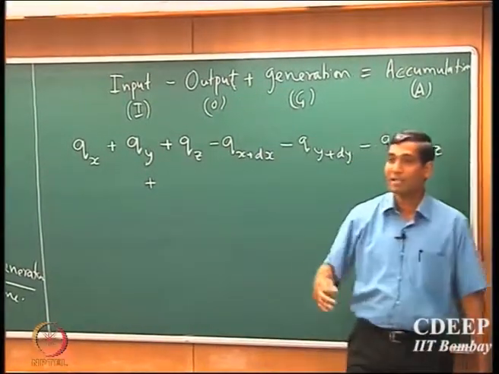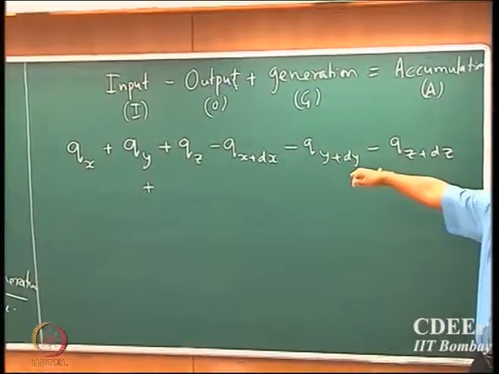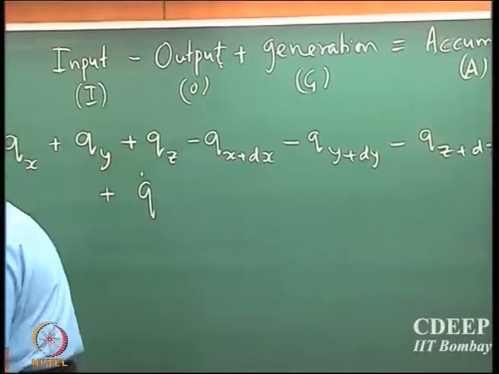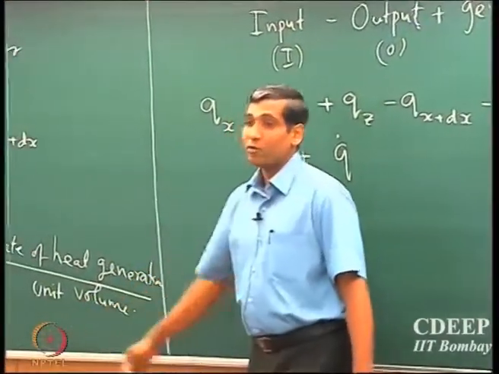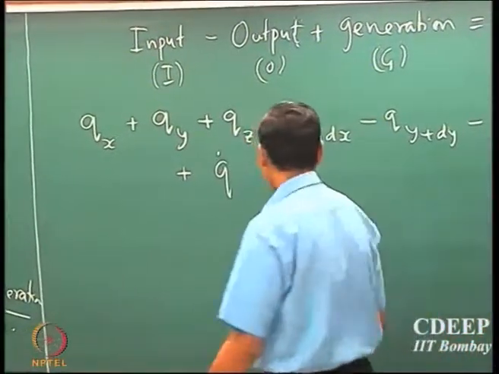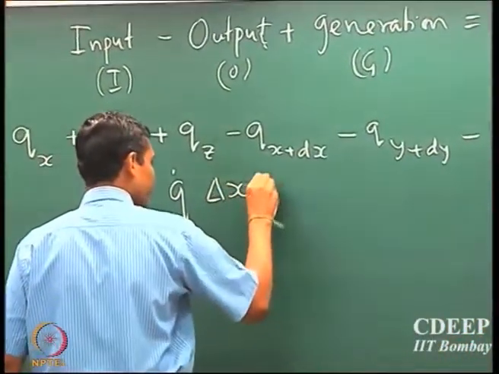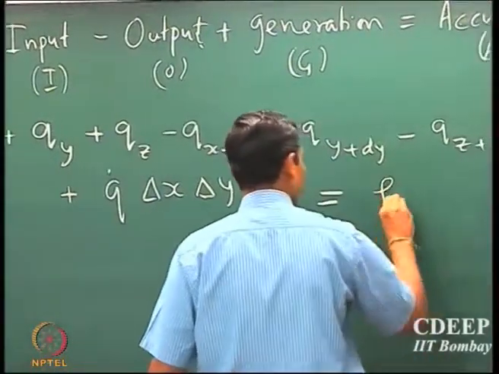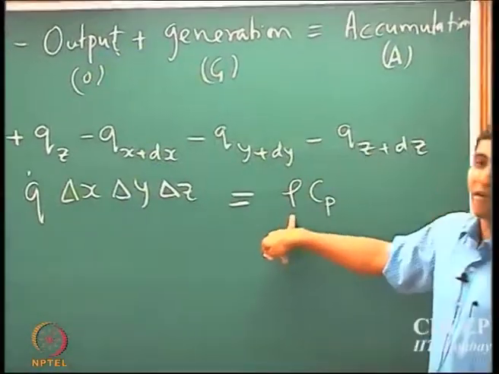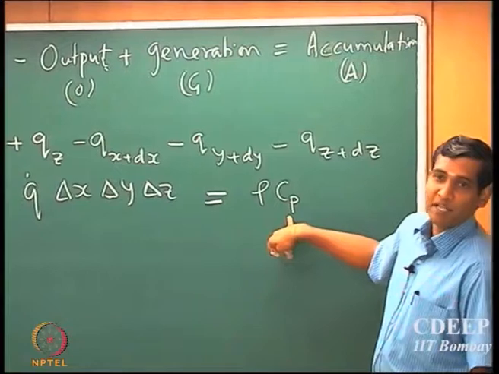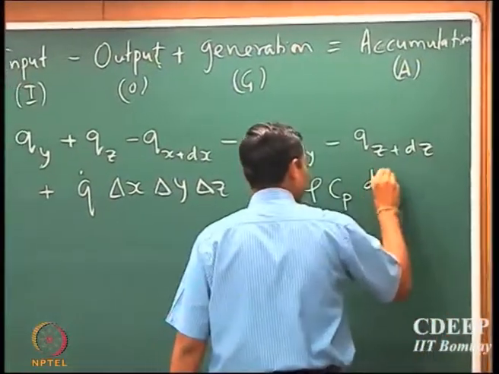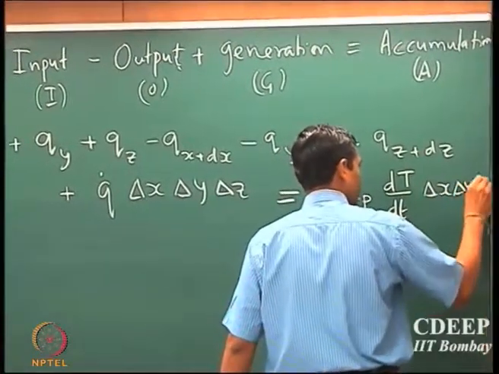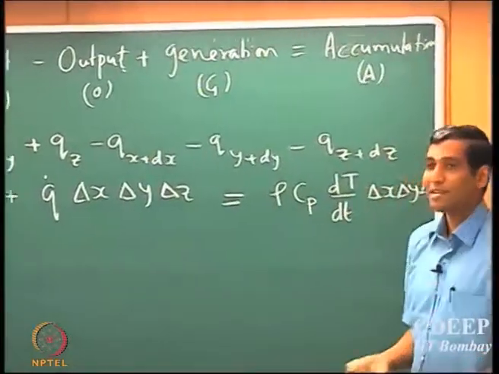So be careful about the sign convention you use for any balance. Q dot is defined as the rate of heat generation per unit volume, so you have to multiply by the volume of the system. That is equal to the accumulation, given by rho Cp, the density multiplied by the specific heat capacity, into the temperature derivative with respect to time, multiplied by the volume. So that is the heat balance.